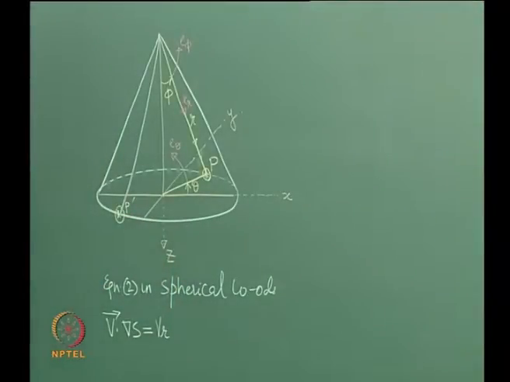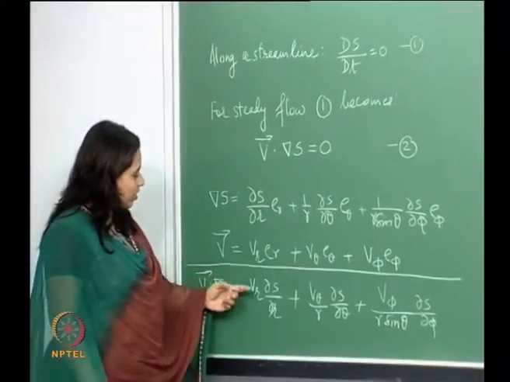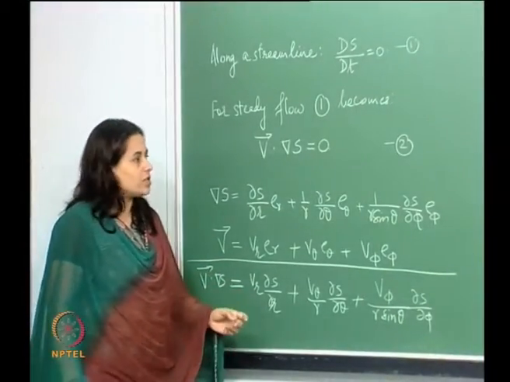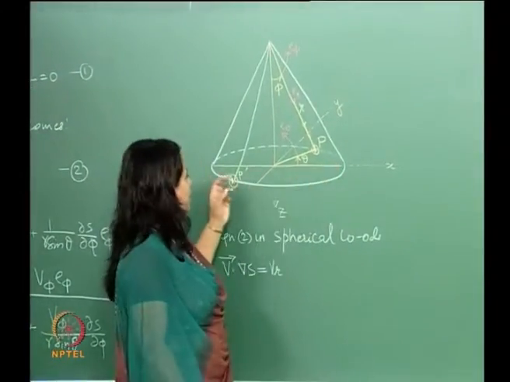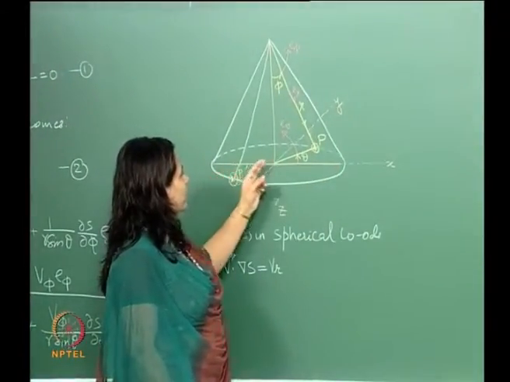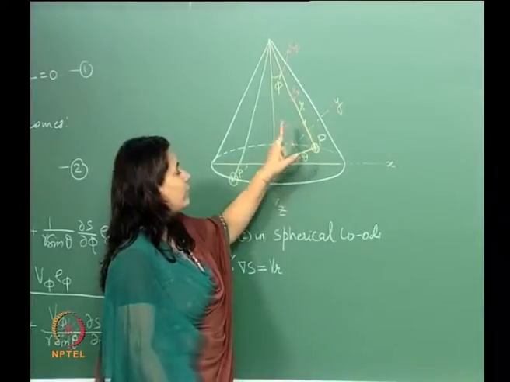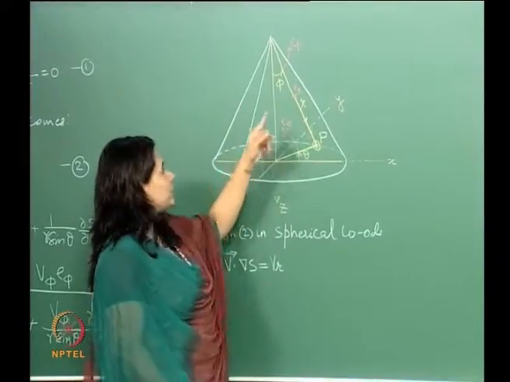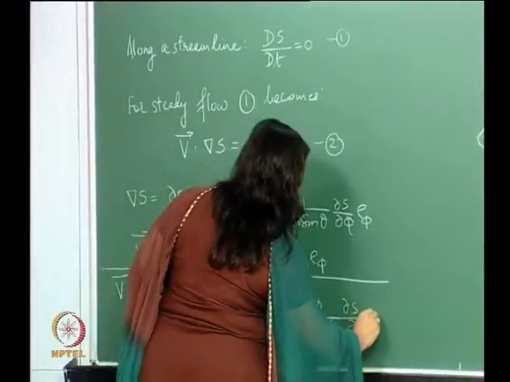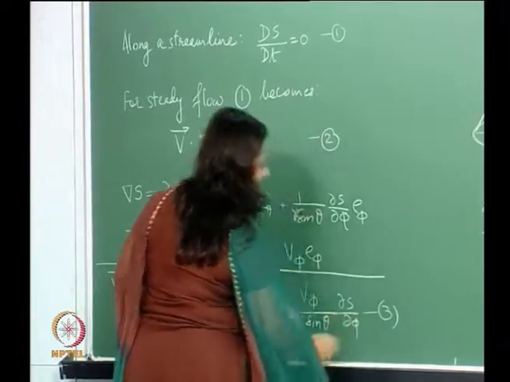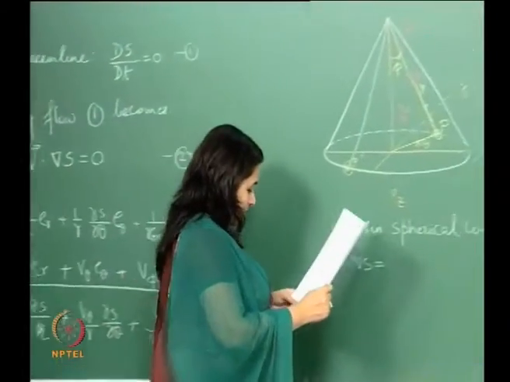So, that does not change. Therefore, the entropy along the radial direction does not change. So, if I am moving from point P dash to P, the entropy will change with respect to theta and phi only, it will not change with respect to r. Let me call this equation 3.